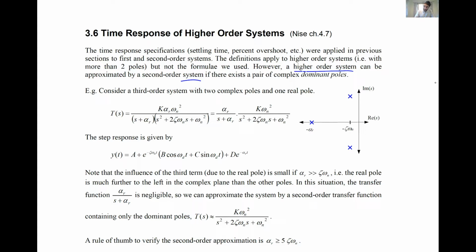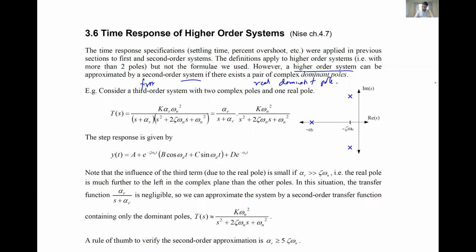So a higher order system can also be approximated by a first order system if there exists a real dominant pole for it. So let's look at what is meant by the dominant poles.